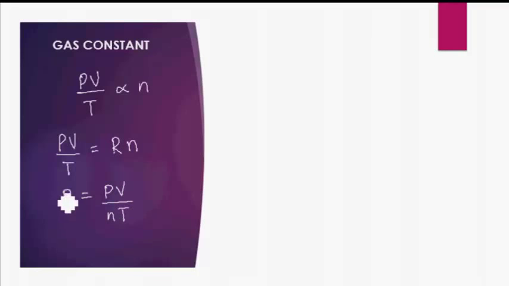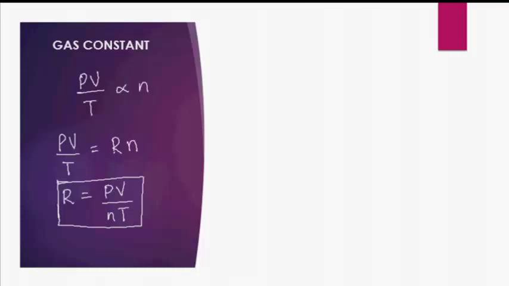Okay, so this R, it so turns out, is independent of the type of ideal gas that we have. Okay, so whether we are assuming carbon dioxide, methane, ammonia, nitrogen, as long as their behavior is of ideal kind, the ratio comes out to be the same and equal to capital R. Okay, so it is not dependent on pressure or temperature or volume or even the amount of gas.